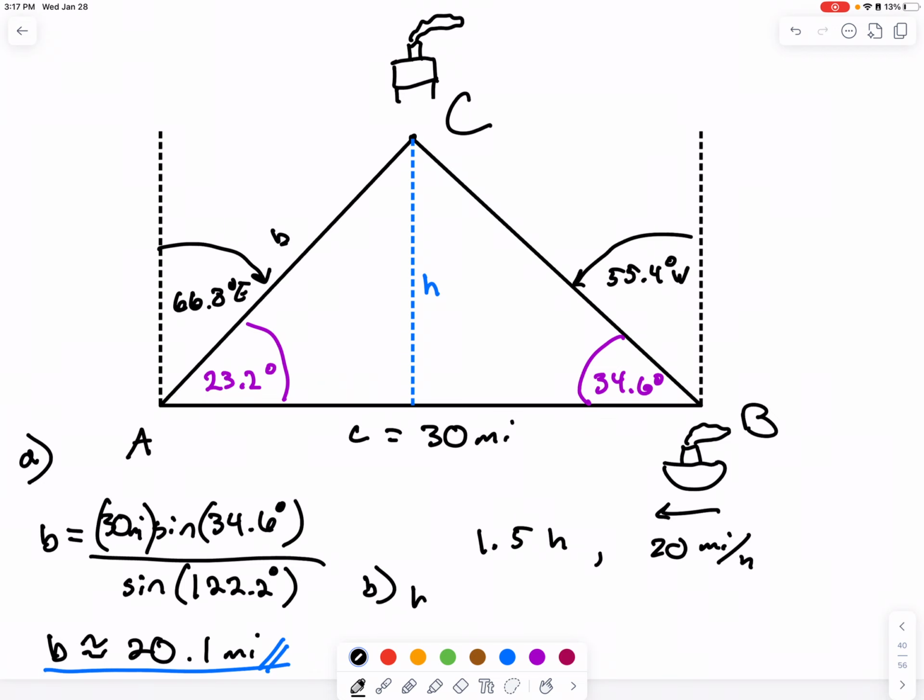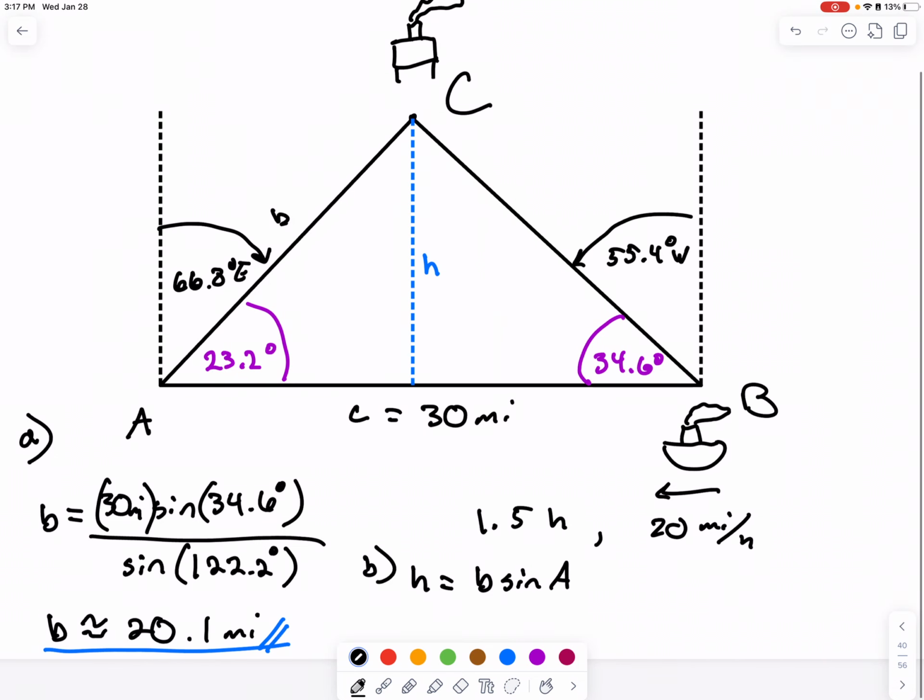So then h is going to be equal to B times the sine of A. So B times the sine of angle A. So then h equals B. We got that. So now it's an approximation because we're using rounded results. 20.1, let me clean it up just a little bit. 20.1 miles times the sine of angle A, that 23.2 degrees.